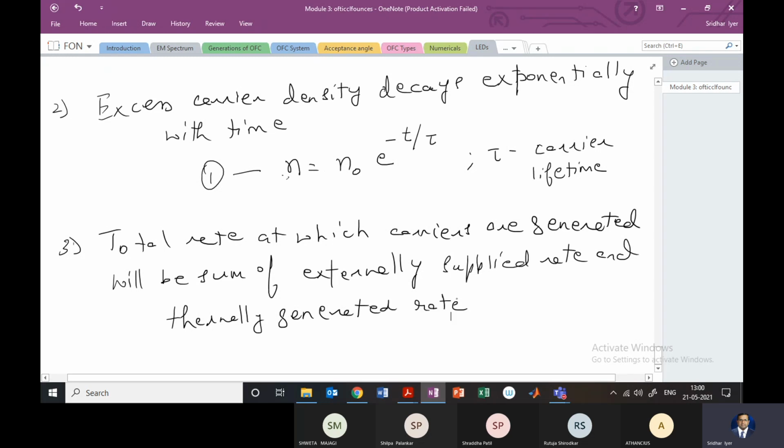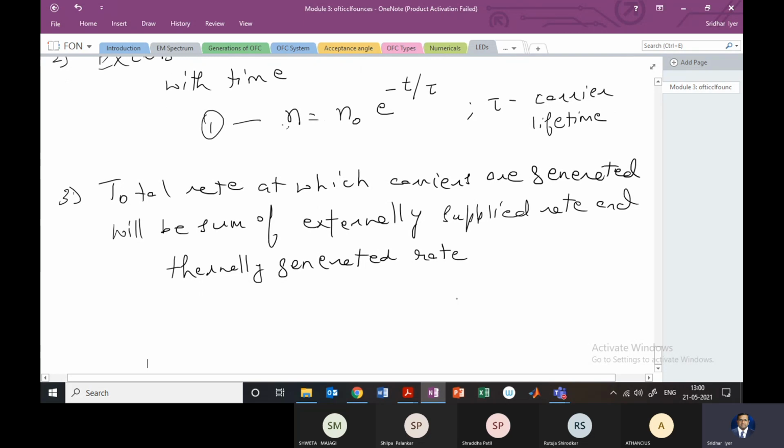That means due to the temperature also, there is going to be some rate of the carriers that is going to be generated, right?